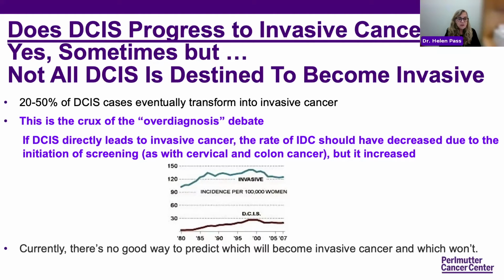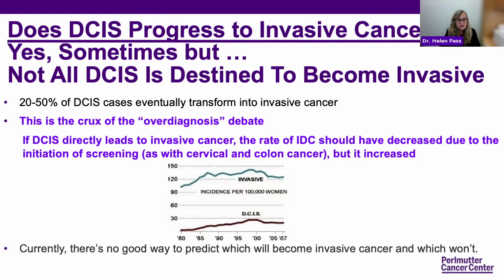And so really what we know, and you'll see a very big number depending on which study you look at, is anywhere from 20 to 50% of DCIS eventually become an invasive cancer. Well, that's the pessimist view. The optimist view is, okay, 80%, maybe as low as 50%, never will form a problem and become an invasive cancer. And so again, we know that it doesn't automatically, inevitably turn into invasive cancer.